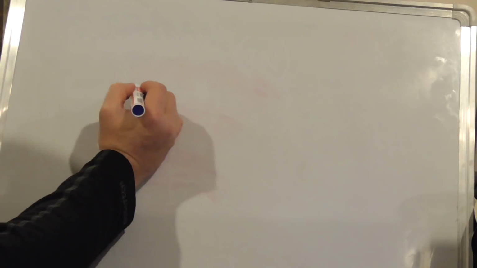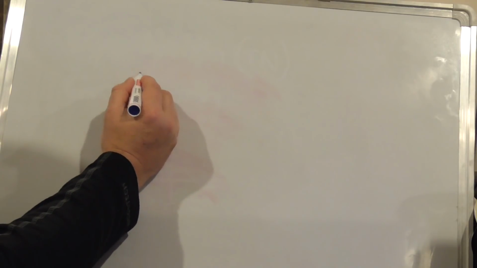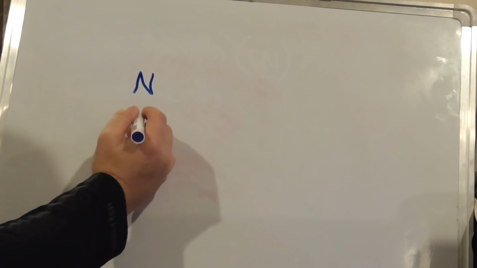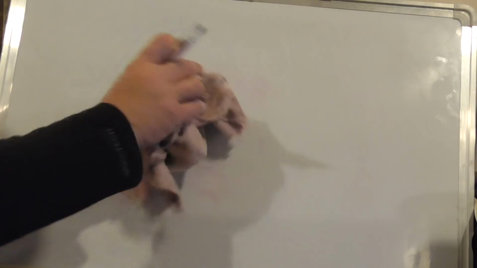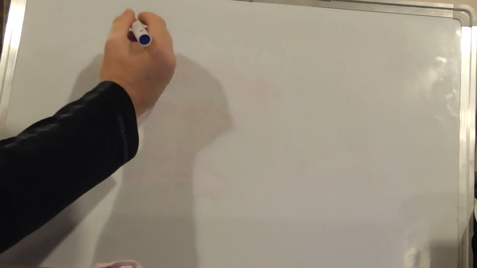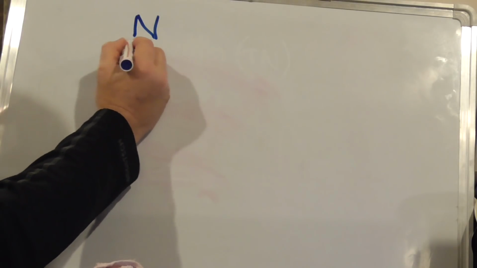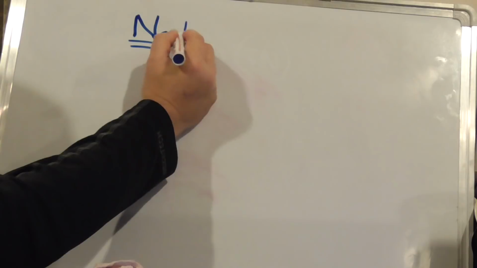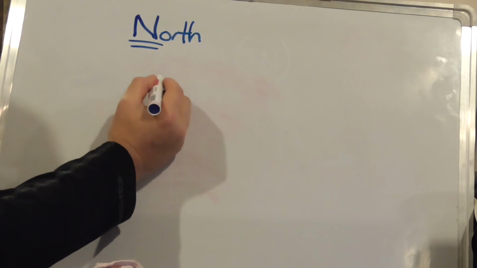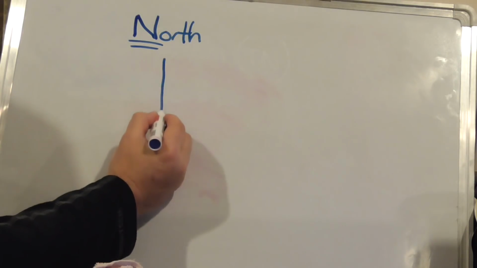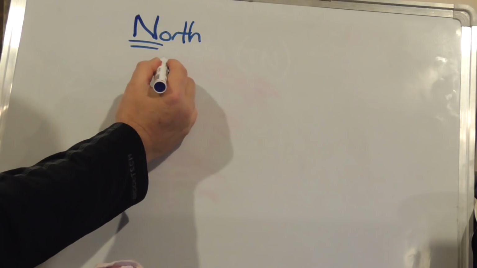Okay, so the first north point, in fact before we even get into the north points, I want to do something like this, what we call a compass rose. So you have north there. Let's put this up the top. We'd have north there, N for north. Then let's say we have an arrow there.